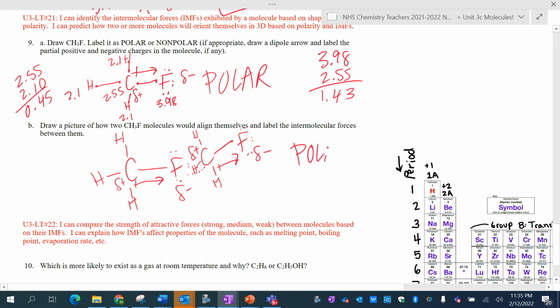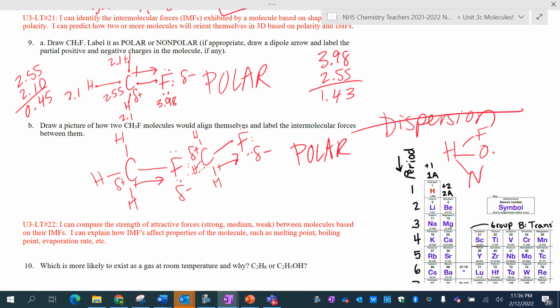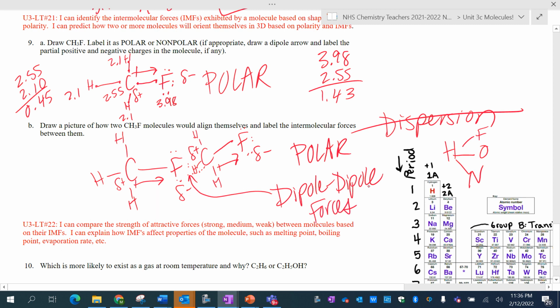So it's a polar molecule. So that automatically eliminates dispersion forces because that's only the strongest if it's between nonpolar molecules. Now we ask ourselves, does it have an H connected to an F, an O, or an N directly? No, it has a C connected to an F. That means that it's going to have dipole intermolecular forces between the two. Also some dispersion, but they wouldn't be considered the strongest present. And this would not have hydrogen bonding forces.